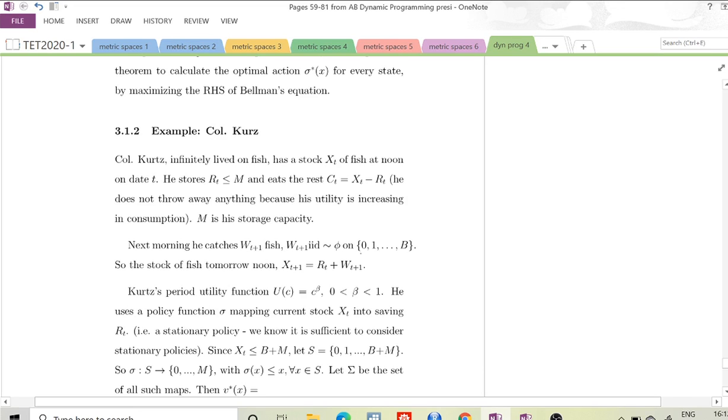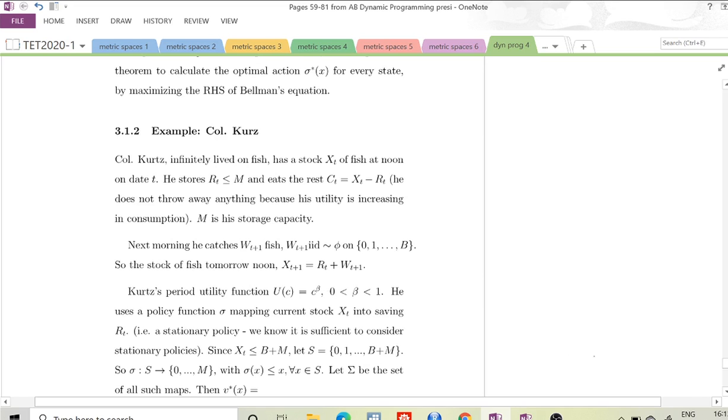So I can catch any number of fish that starts from 0 and goes up all the way to some maximum number, capital B. Kurtz has a per period CRRA utility function, U(c) = c raised to the beta. It's unfortunate that this is beta, as it's beta in Stokey's book, because we've been using beta for discount factors.